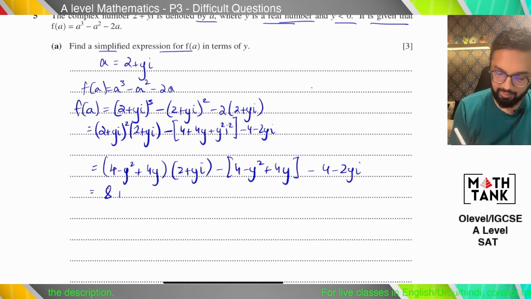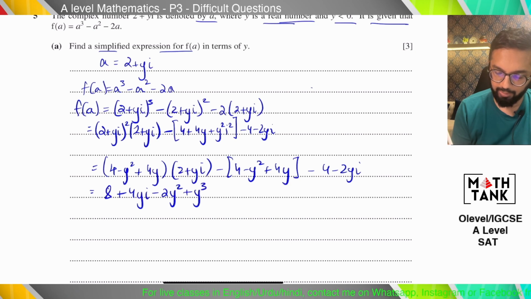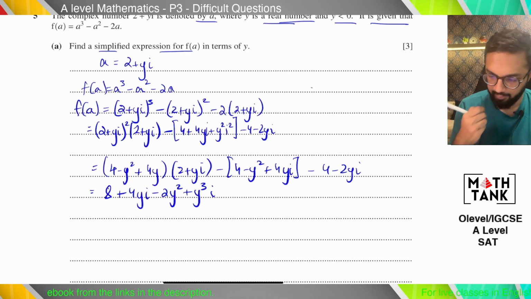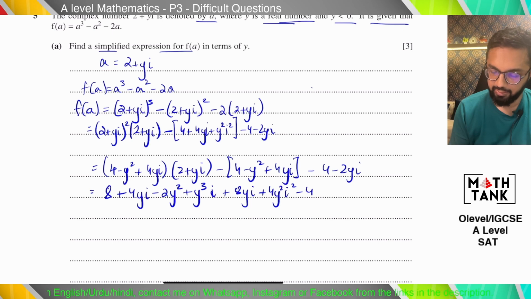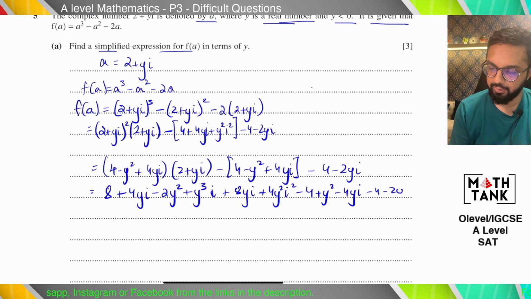I still have to multiply: 8 plus 4yi minus 2y squared plus y cube i. This is 4yi. Plus 8yi plus 4y square i square minus 4 plus y square minus 4yi minus 4 minus 2yi.